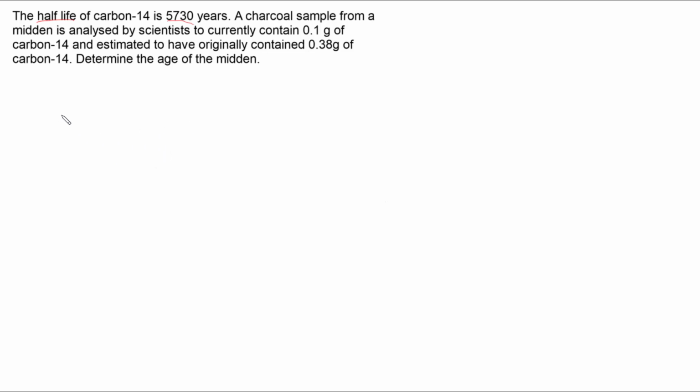So let's set up our variables for this. We're going to let M be the mass of carbon-14, and T is going to be time in years. And so we'll set up a differential equation where the change in mass over time is proportional to the mass.